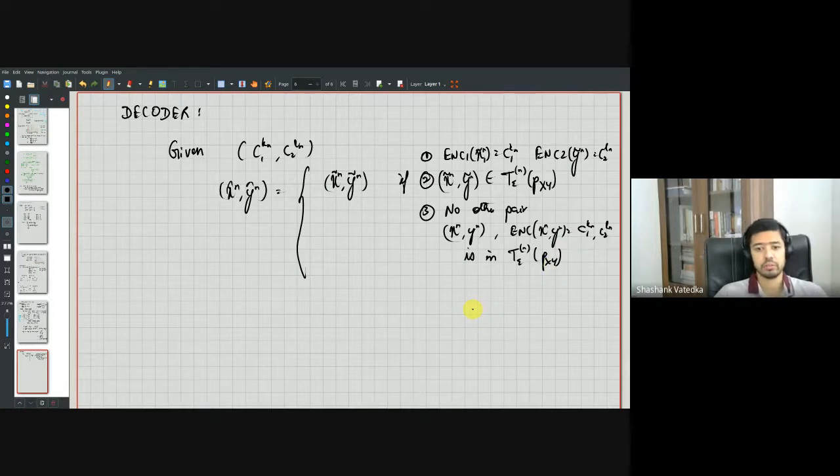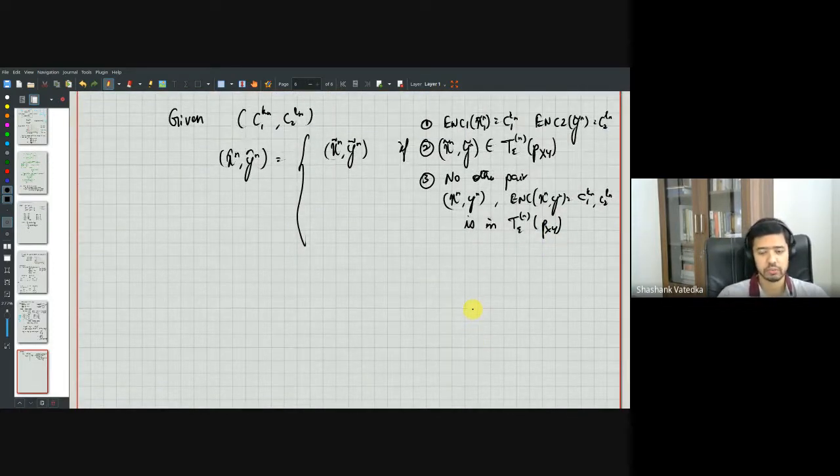Okay, so basically what is happening is the following. If this does not happen, if either one of these is violated, so let us say xn tilde, yn tilde is not in the jointly typical set, or there is more than one pair which are jointly typical and are encoded to C1(Kn), C2(Ln), then you just map it to one particular sequence, let's say the 0 sequence.